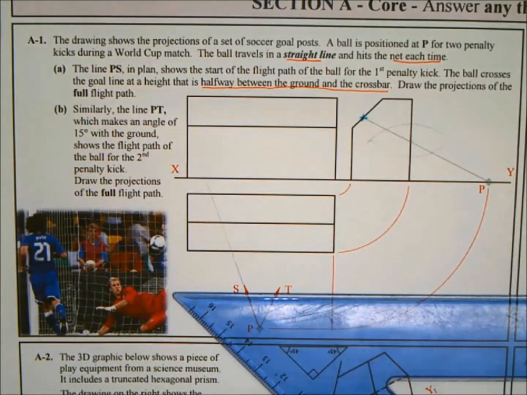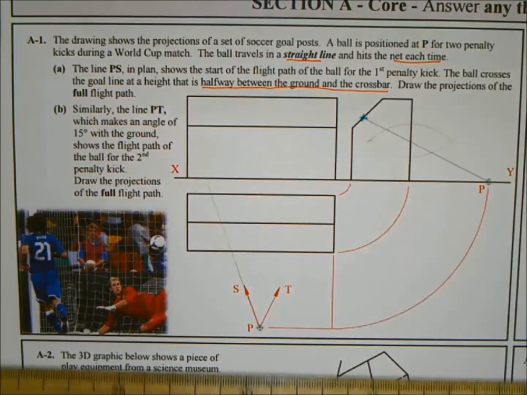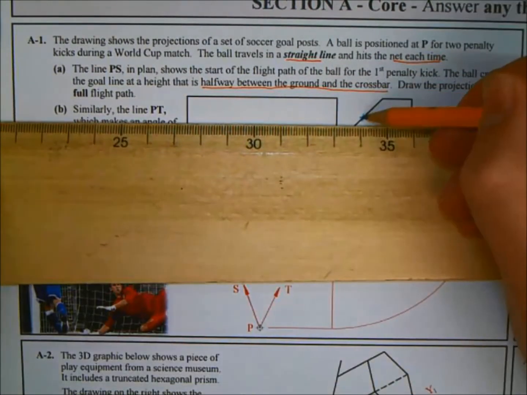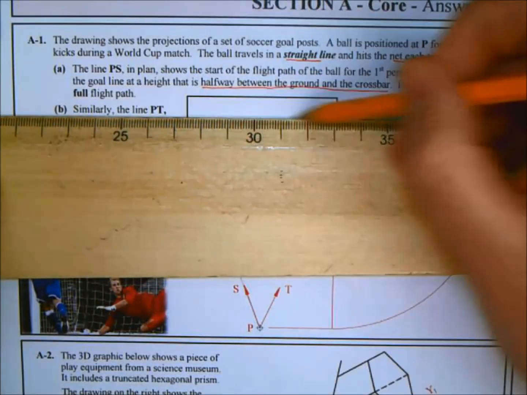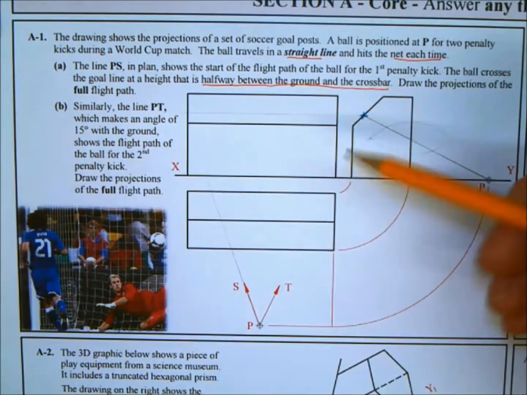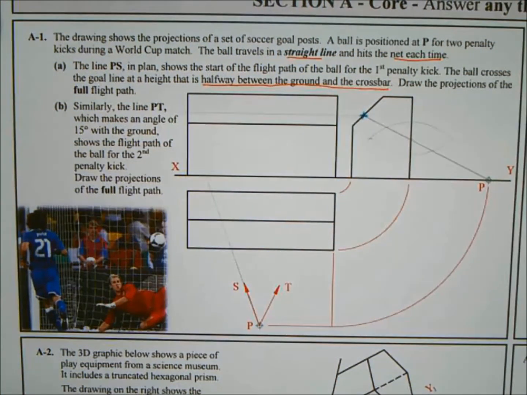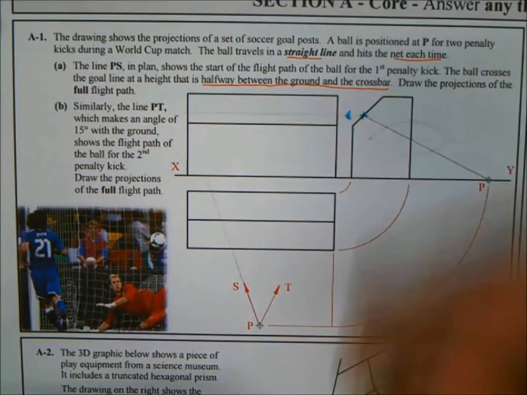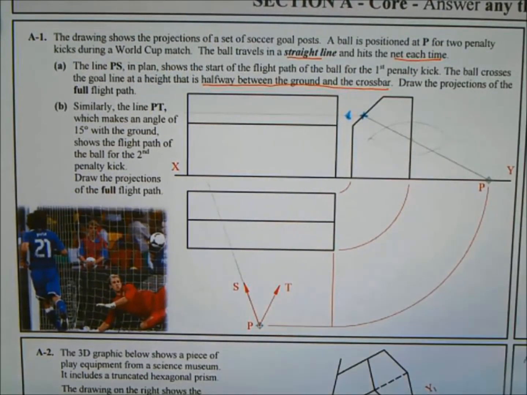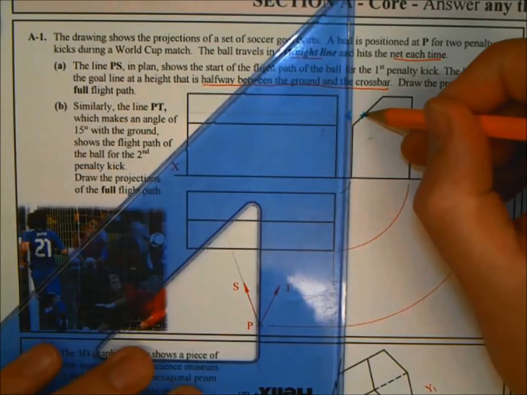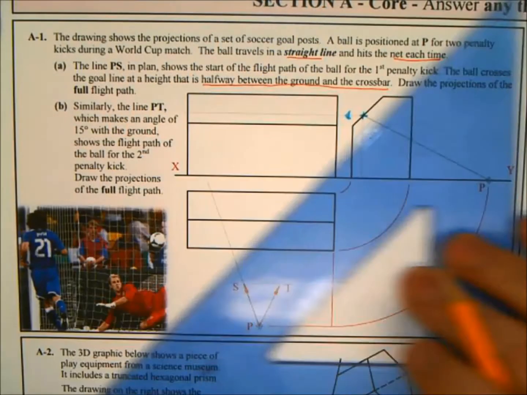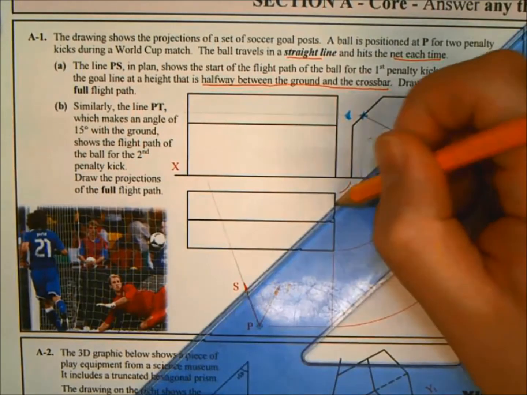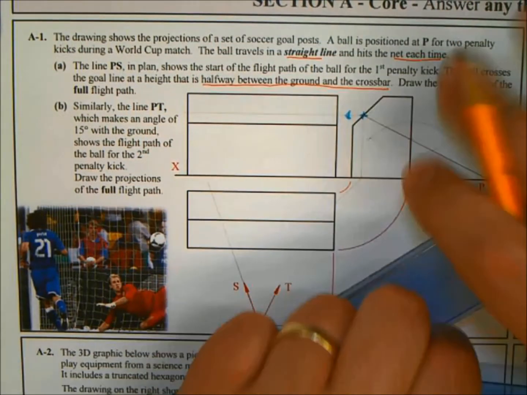So if I have that height now, I can bring that height over to my elevation. The ball's going to have to hit the net somewhere at that elevation there. I also need to bring it down to the plan, so project it down to find it in plan. Now they use the compass, but I'm just going to use my 45-degree set square.